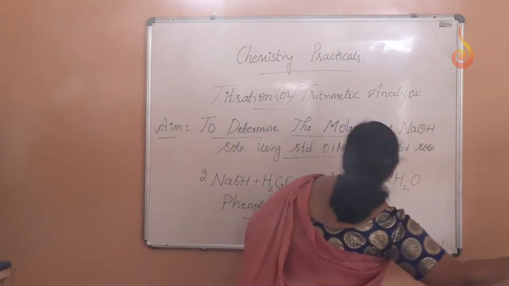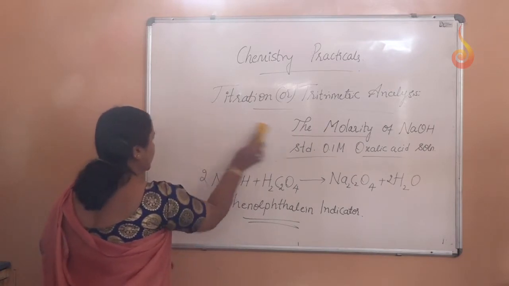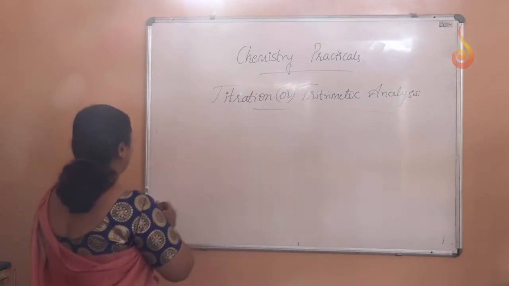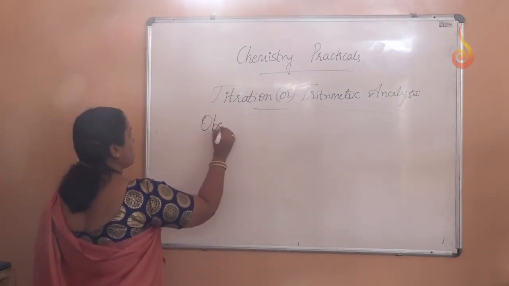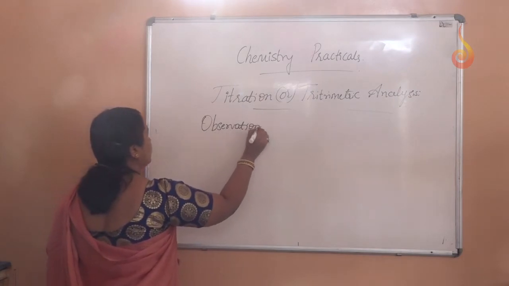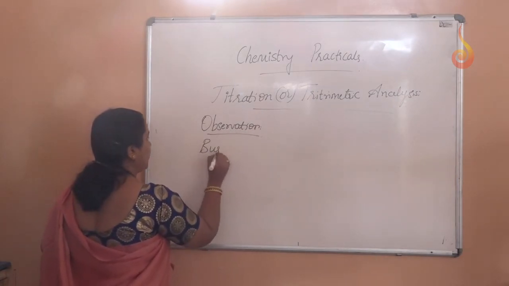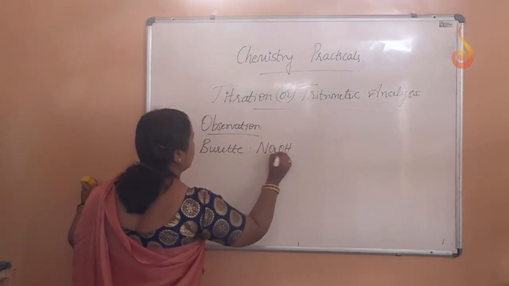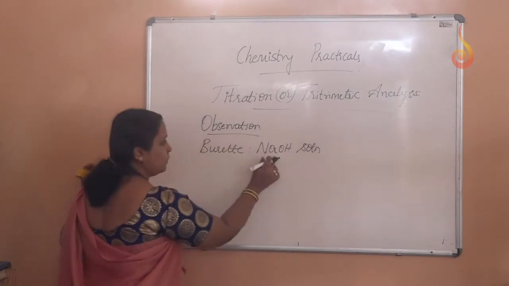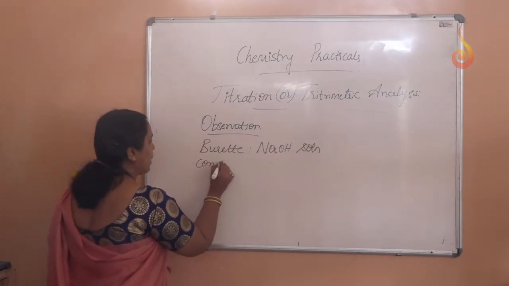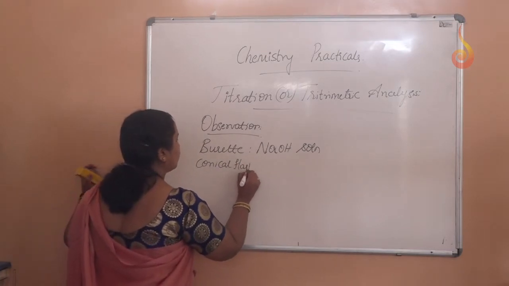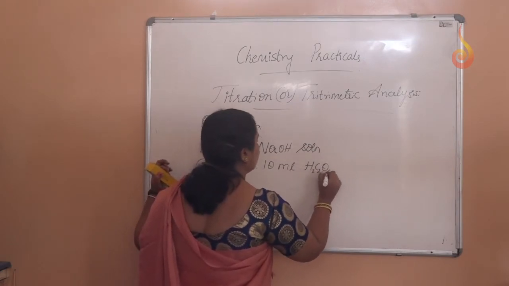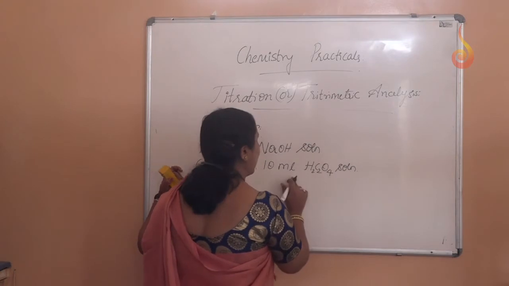So, what is the observation that has to be recorded? The observation of this experiment is that the burette will be filled with sodium hydroxide solution. This will be the titrant. In the conical flask we will be taking 10 ml of oxalic acid solution. This is a liquid.